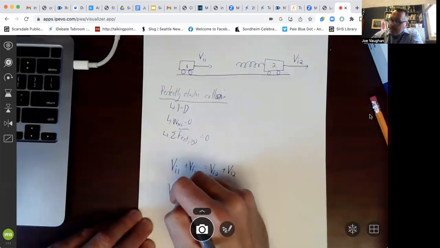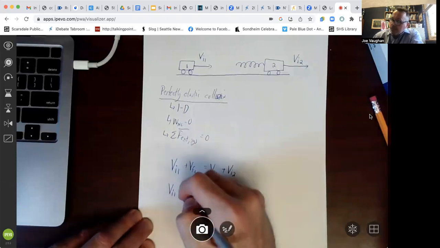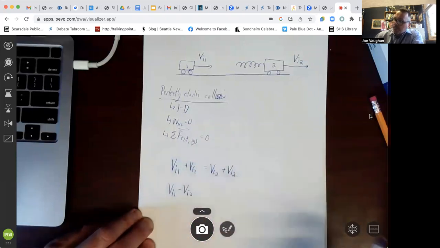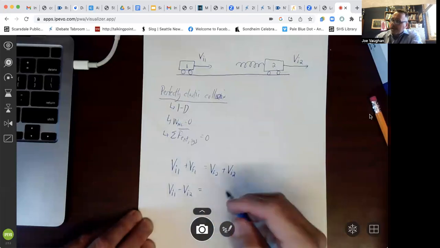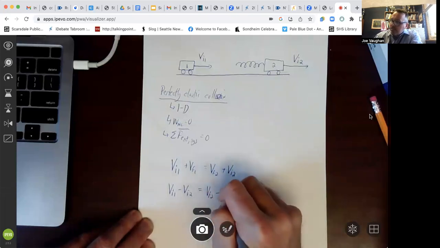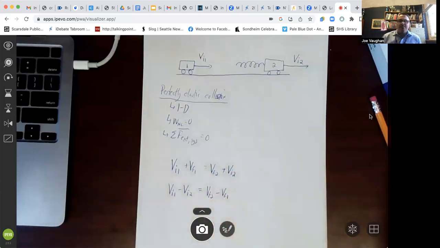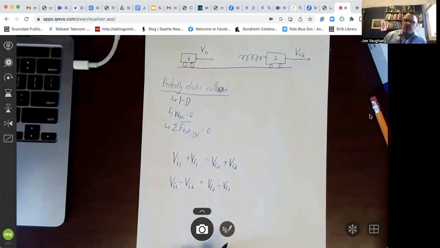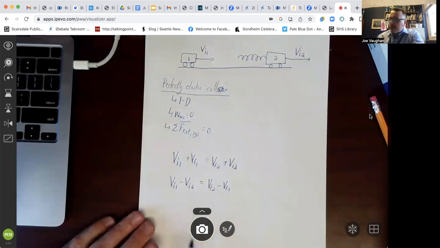So I have VI1, if I subtract over the VI2, and then I come over here and I have VF2 minus VF1. And we look at that expression, and that should start to, once again, tickle some things in our brains. It's a little weird right now because I've got I1 minus I2 and F2 minus F1.